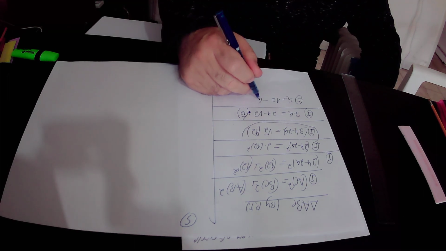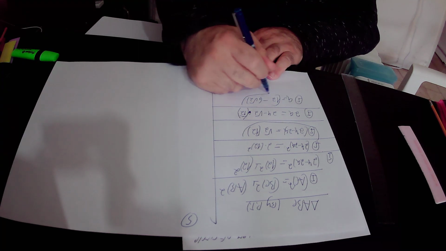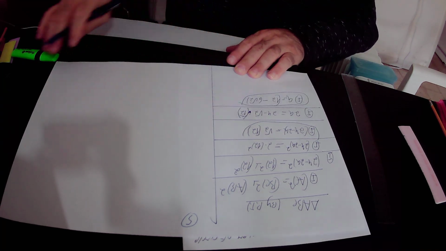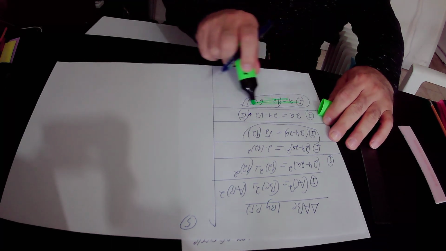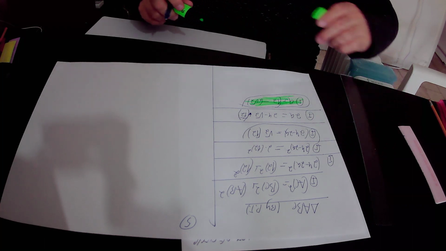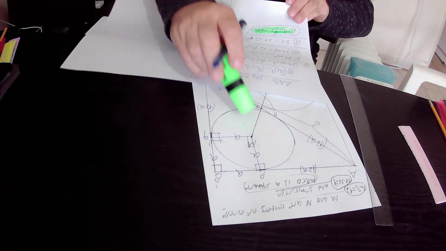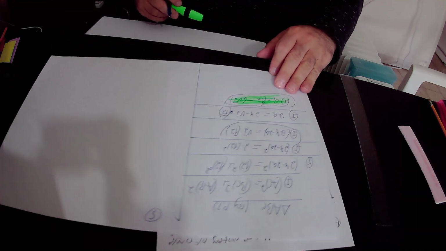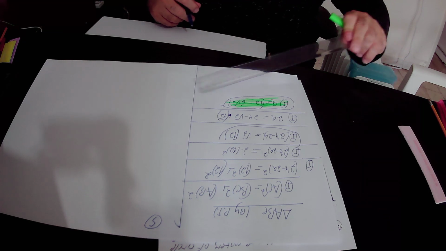So it is minus 6 times square root of 2. In conclusion, A, that is also the radius of this circle, is equal to 12 minus 6 times square root of 2 units.